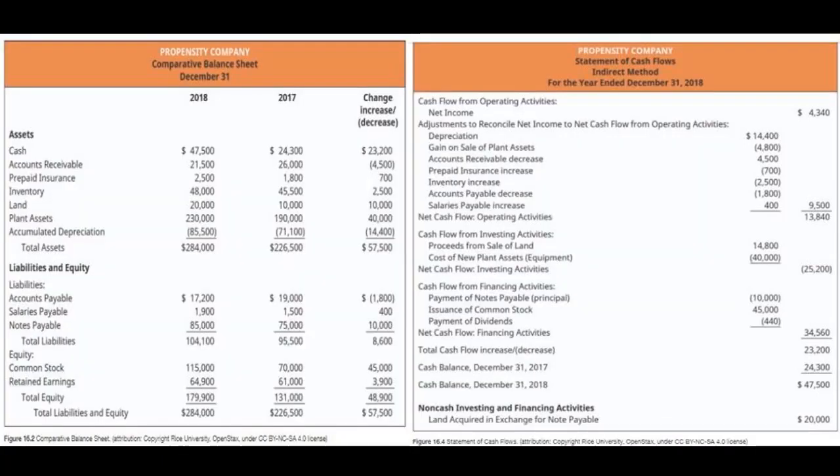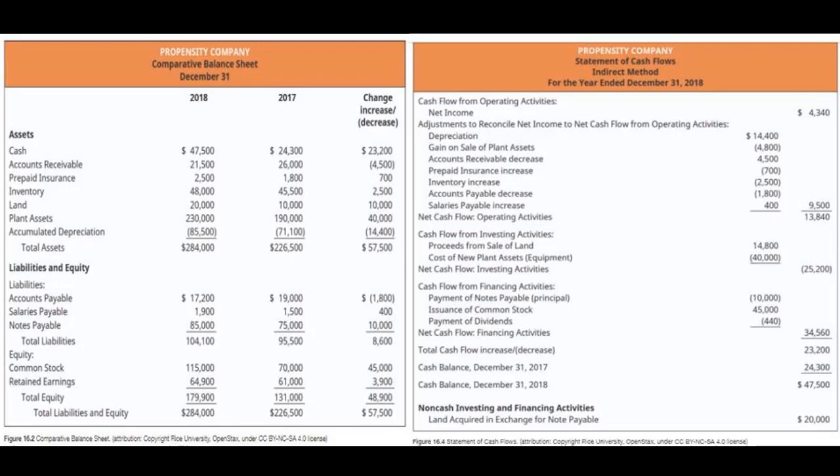Well, at first glance, it does not appear that way. But if you look at figure 16.4, you can find two numbers, which when combined gives you 3,900.